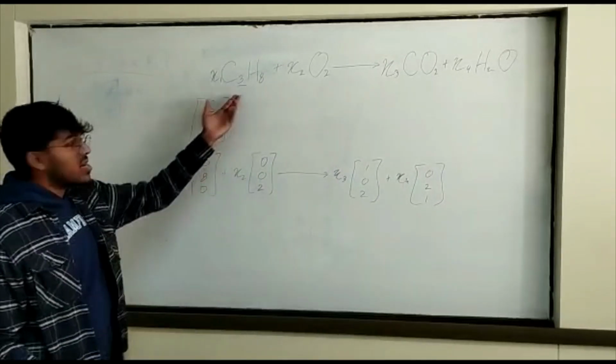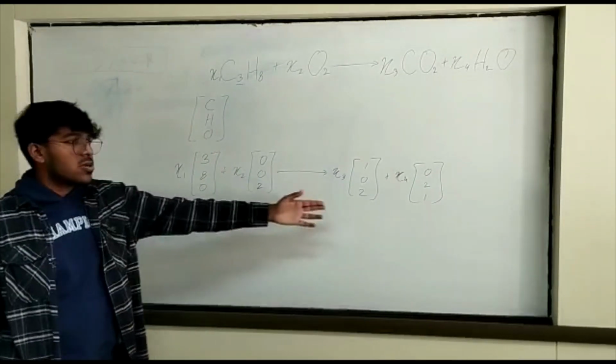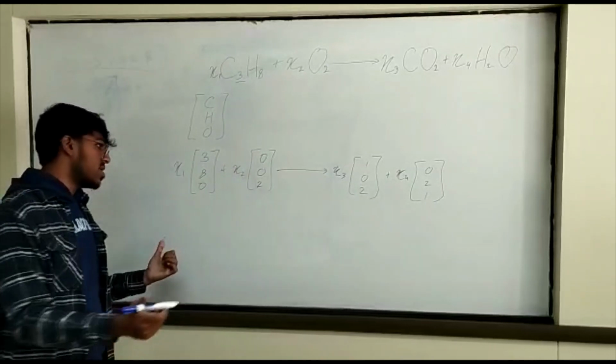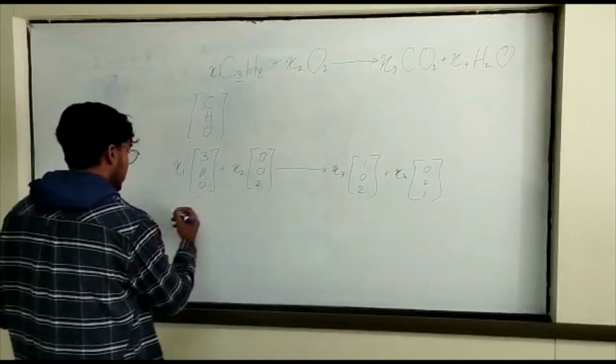So we represented this in the matrix form, and now we're going to bring the reactants to the other side, the products to the side of the reactants.